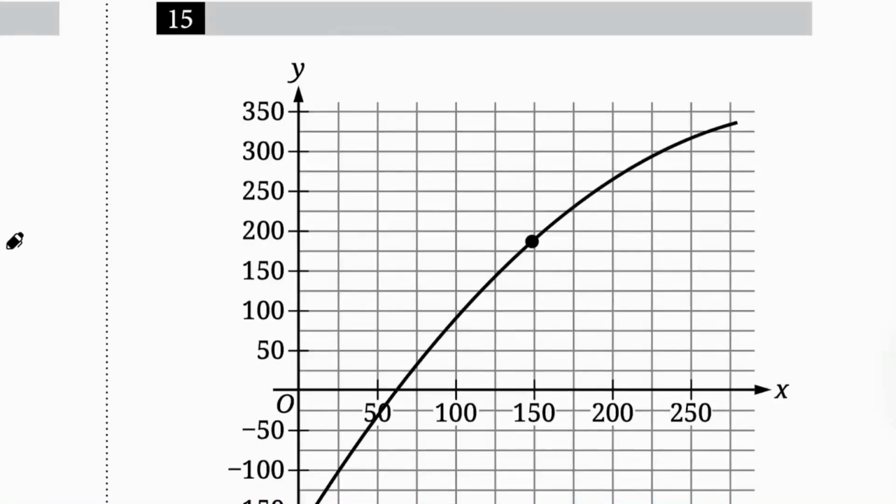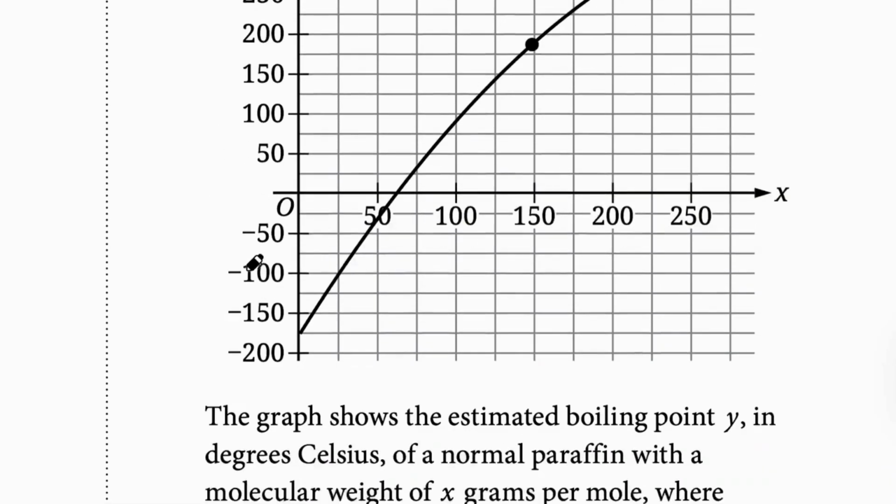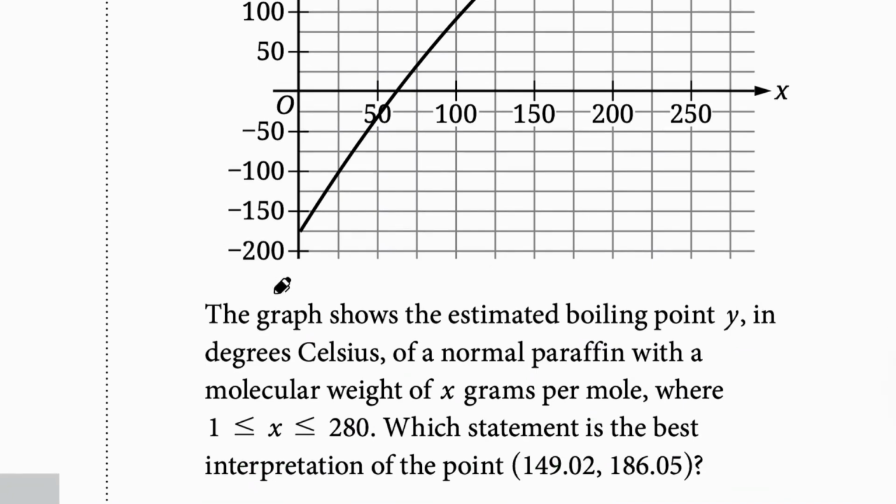Question number 15. We are doing bundle 11, module 2. A graph is given to us. Okay, so there is some x-axis and y-axis. Let's read the question. The graph shows the estimated boiling point y in degrees Celsius of a normal paraffin with a molecular weight of x gram per mole.